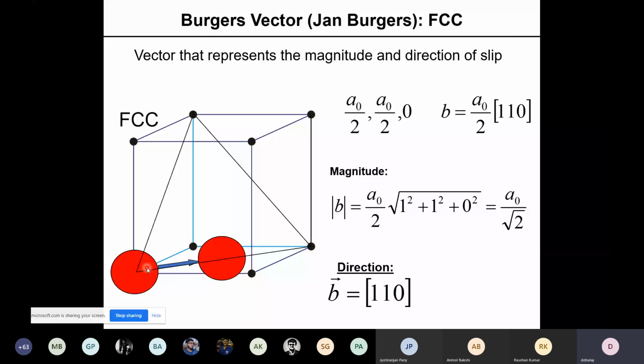Suppose there is a layer below that. So what is happening when the corner atom moves into the face center? Is there any change in atom position? Yes, the atom position changes. But is there any change in sequence?